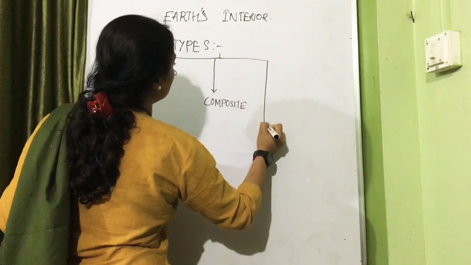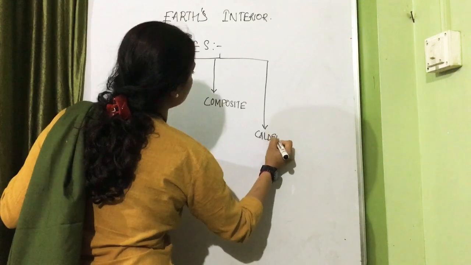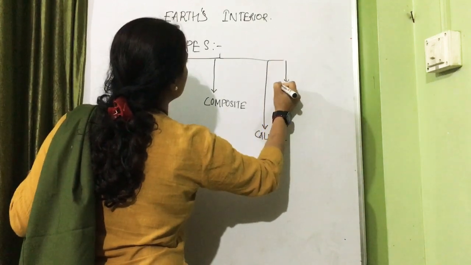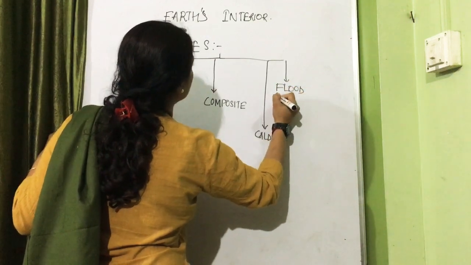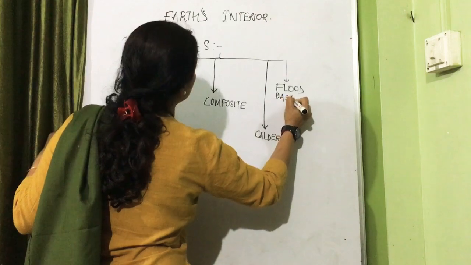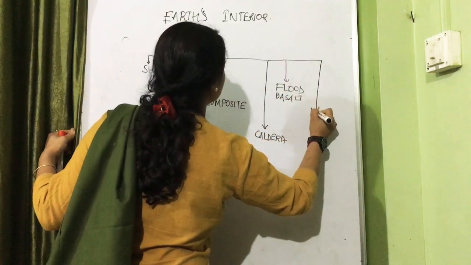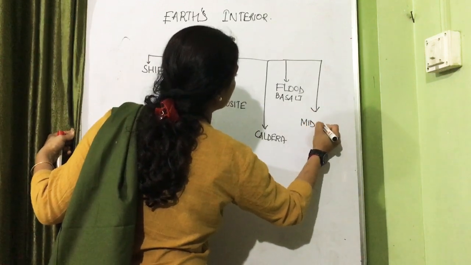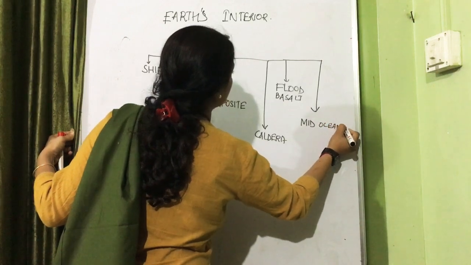Then we have caldera. One is flood basalt. And the last one is mid-oceanic ridges.